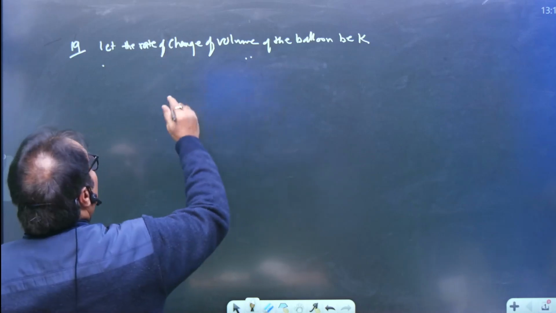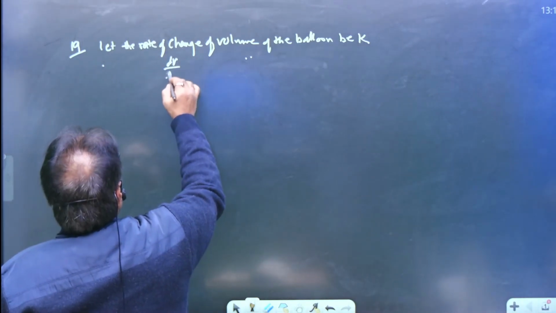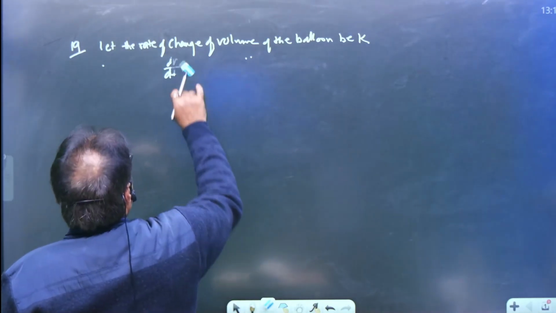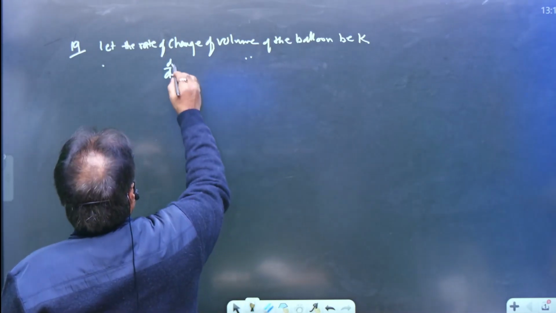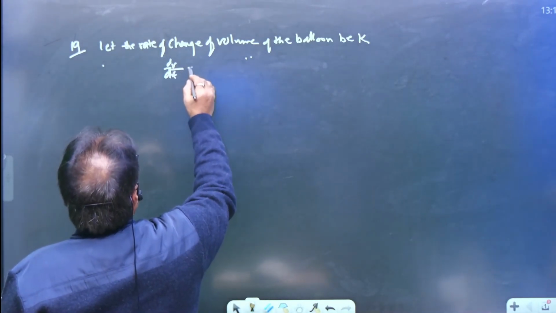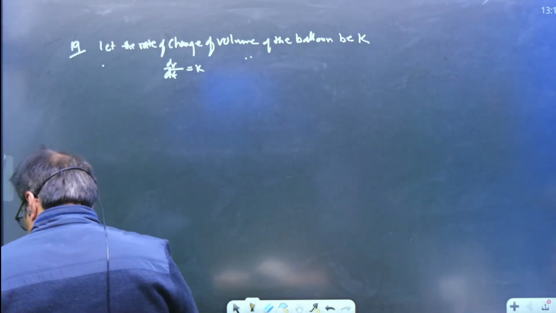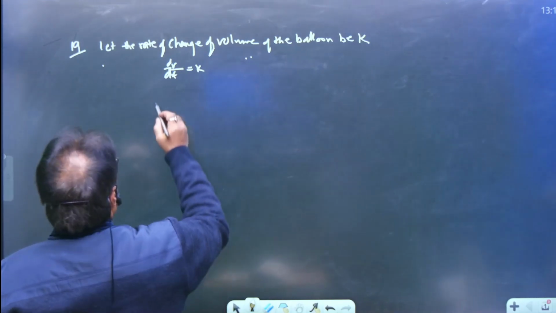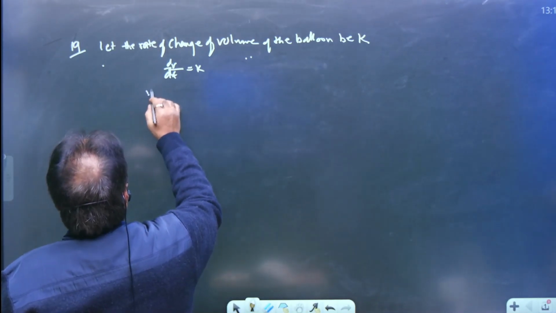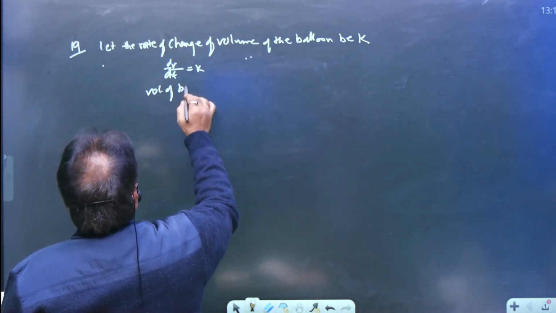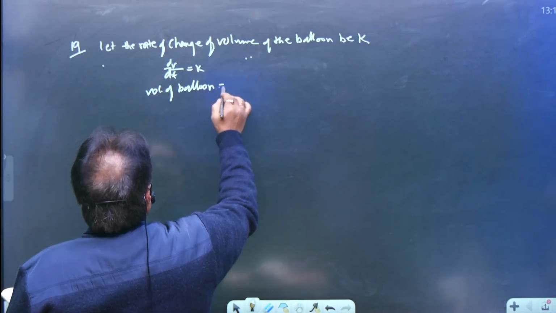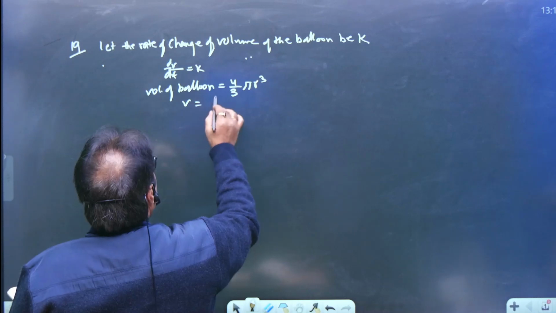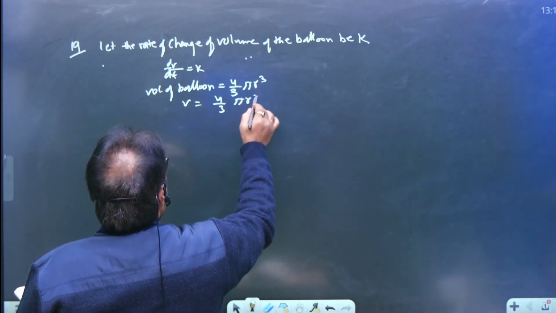So rate of change of volume means dv by dt is equal to k, where k is any constant. This is given. Now volume of a sphere, because a balloon is a sphere, so volume of balloon is 4 by 3 pi r cube. So v is equal to 4 by 3 pi r cube.